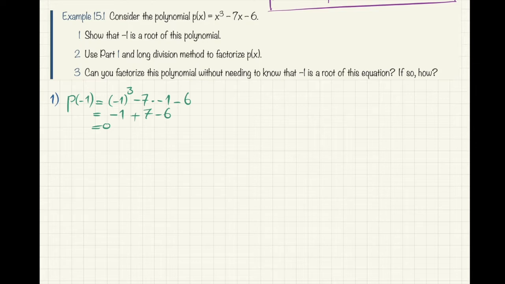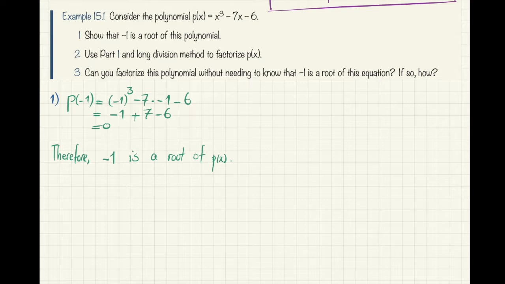So therefore minus 1 is a root of p of x. Yes. Now use part 1 and the long division method to factorize p of x.